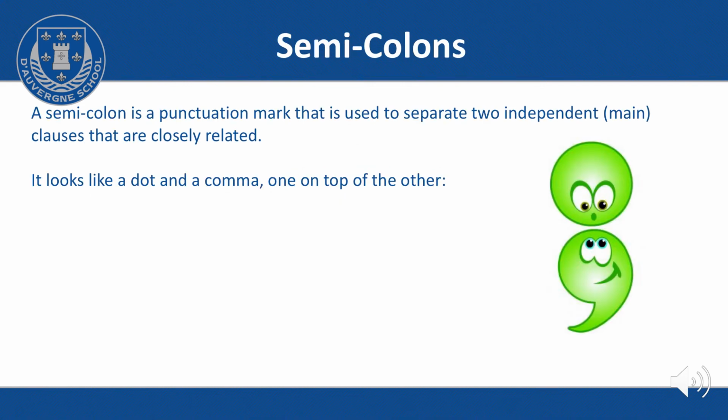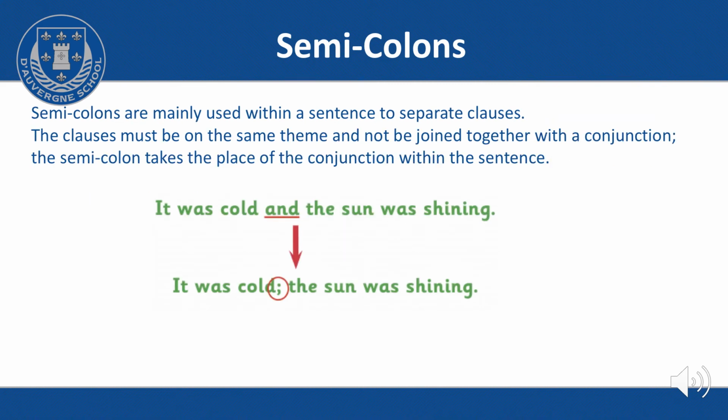Finally, let's have a look at semicolons. A semicolon is a punctuation mark that is used to separate two independent, that's main clauses that are closely related. It looks like a dot and a comma, one on top of the other. Semicolons are mainly used within a sentence to separate clauses.